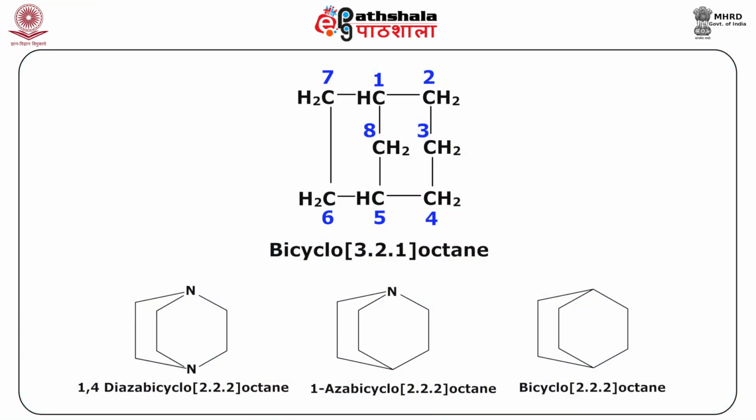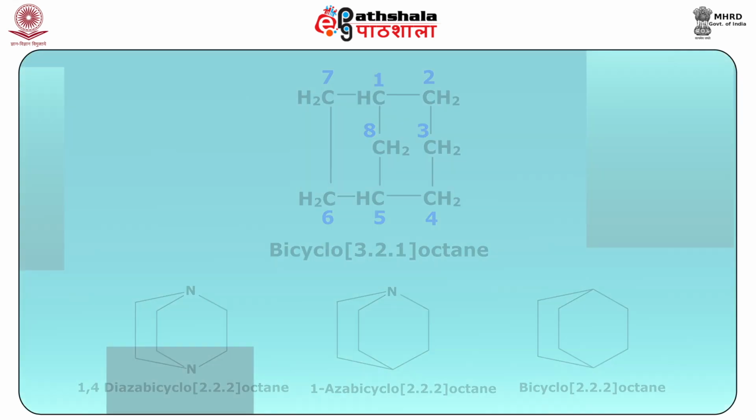Let's look at this through an example, bicyclo[3.2.1]octane. We move through 1, 2, 3, 4 and 5 positions through the longer pathway, reaching the second bridgehead position, then moving back to the first bridgehead through the shorter path, which is 6 and 7, and finally from one bridgehead to the other bridgehead through the shortest path. The numbers are evidently clear from the given structure.